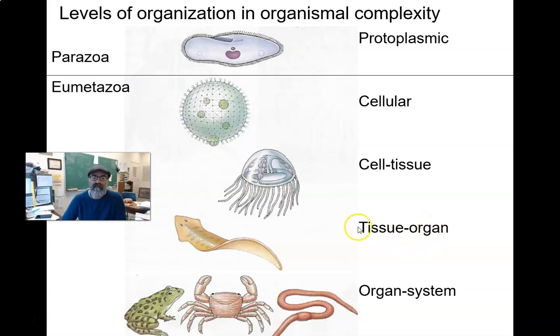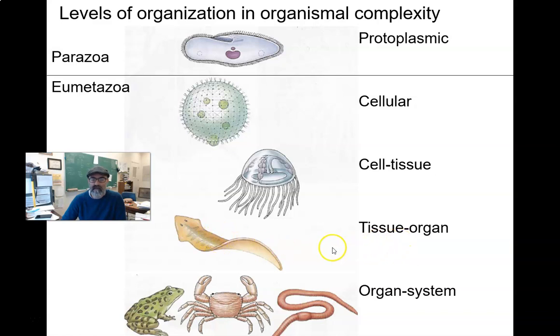Cells organize into tissues. Tissues organize into organs, right? So we see organs like eyes, reproductive organs, even some very early stages of excretory organs.